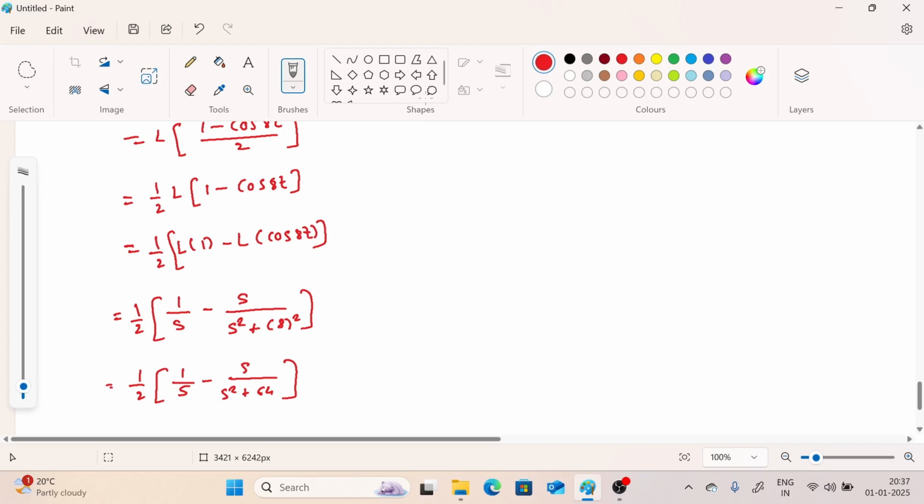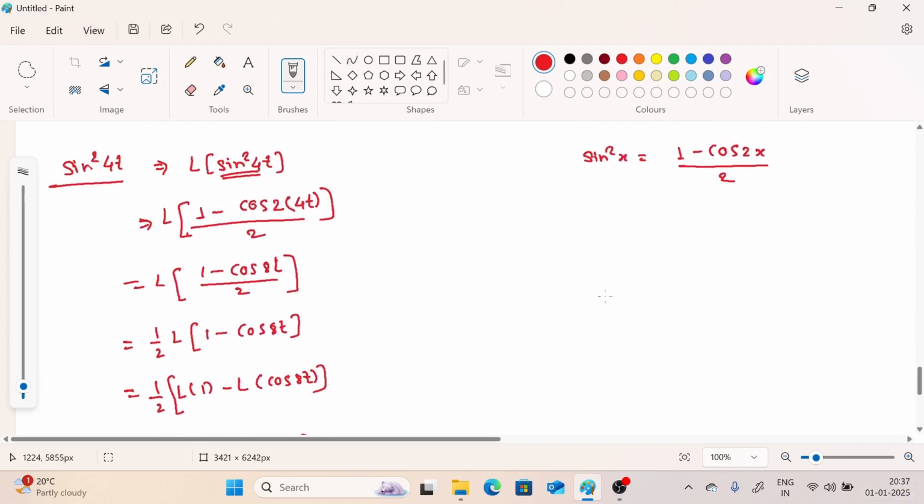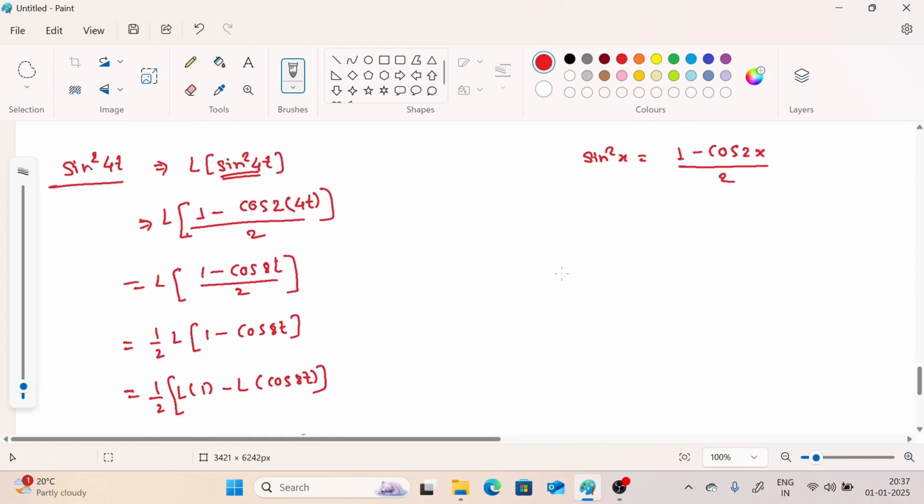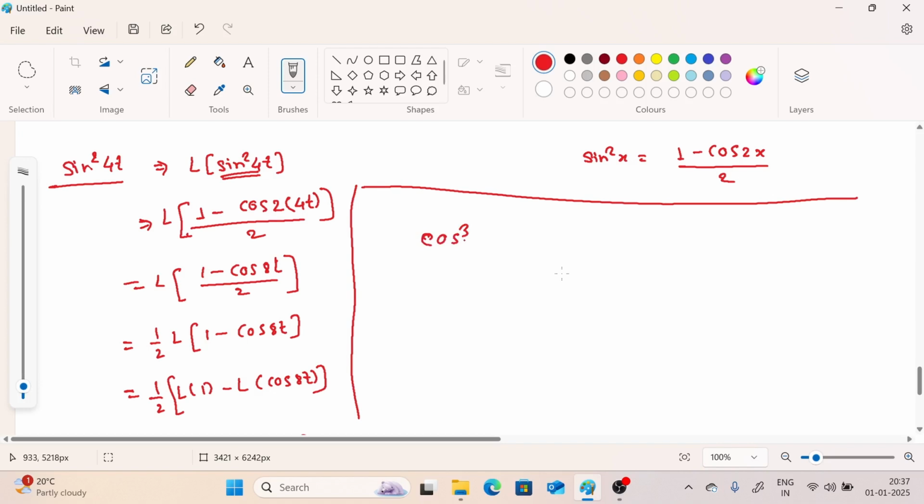Okay, now one last example. The last example is cos cube 2t, and we need the Laplace of cos cube 2t.